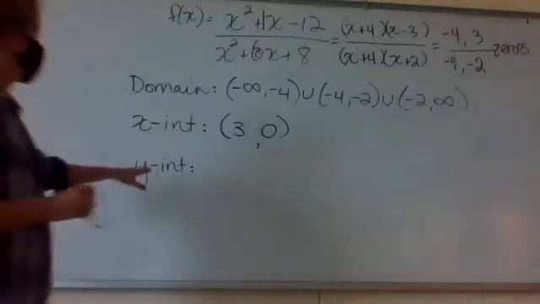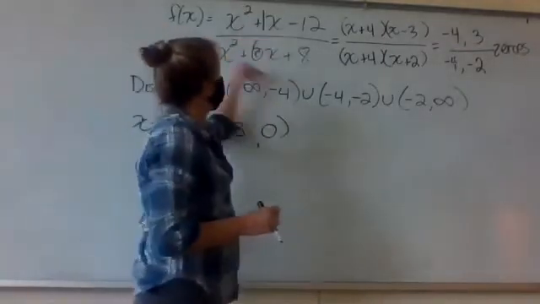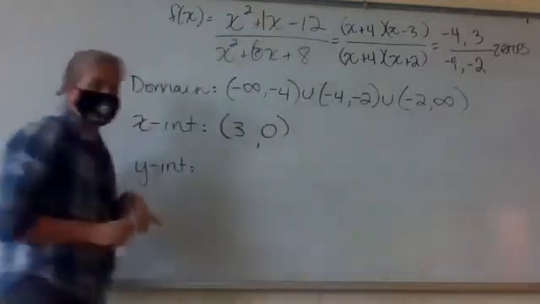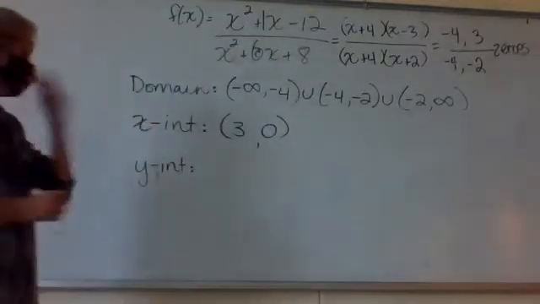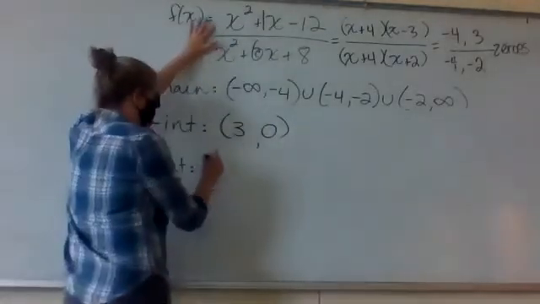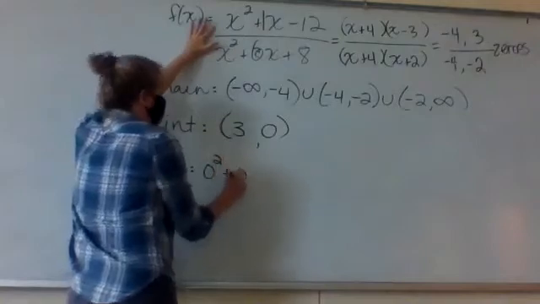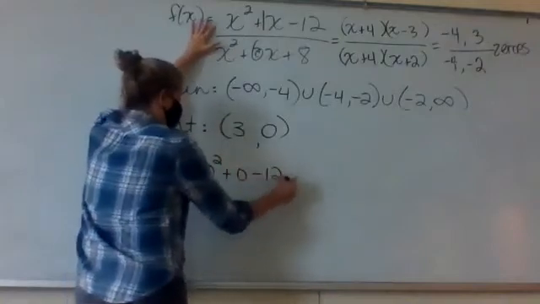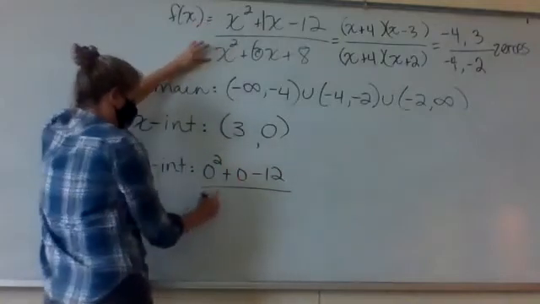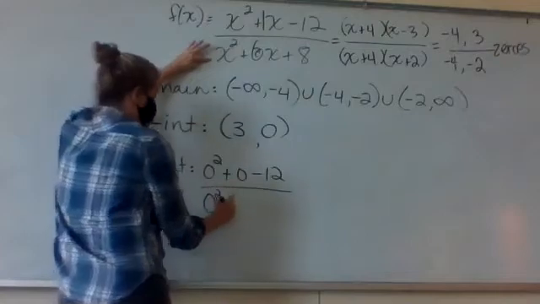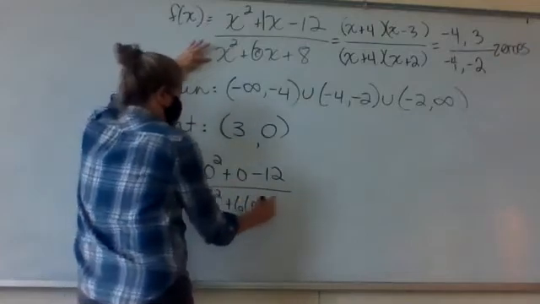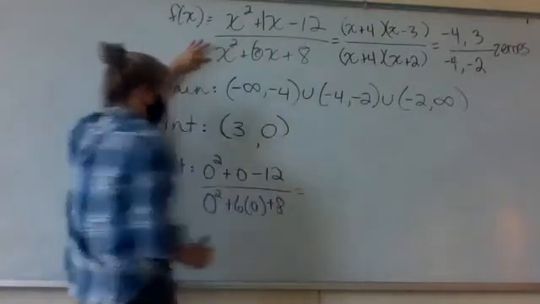How do you find the Y-intercept? Well, you replace all the X's in your function with zeros and see what is left. So if I do that, I would have a 0 squared plus 0 minus 12 over 0 squared plus 6 times 0 plus 8.